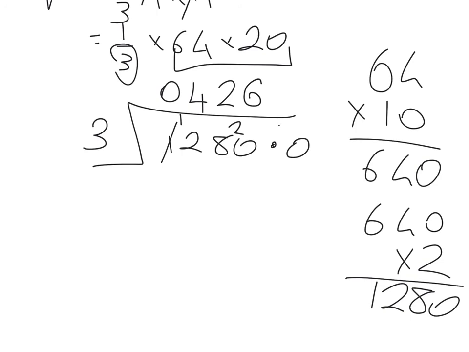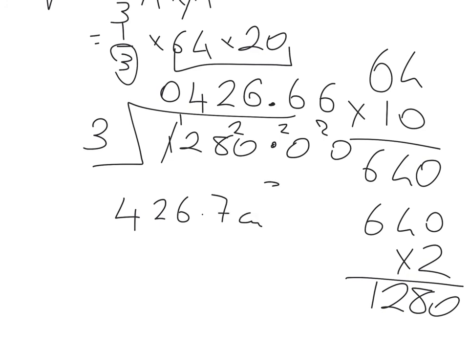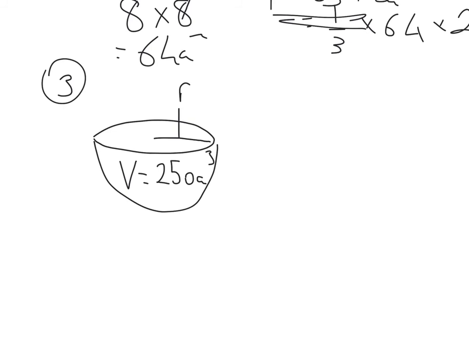So we're just going to extend that on, generate the decimal point. So 3 into 20 goes 6, remainder 2 again, and that's going to repeat. So let's say the question said to round to one decimal place. That would be 426.7 cubic centimetres.